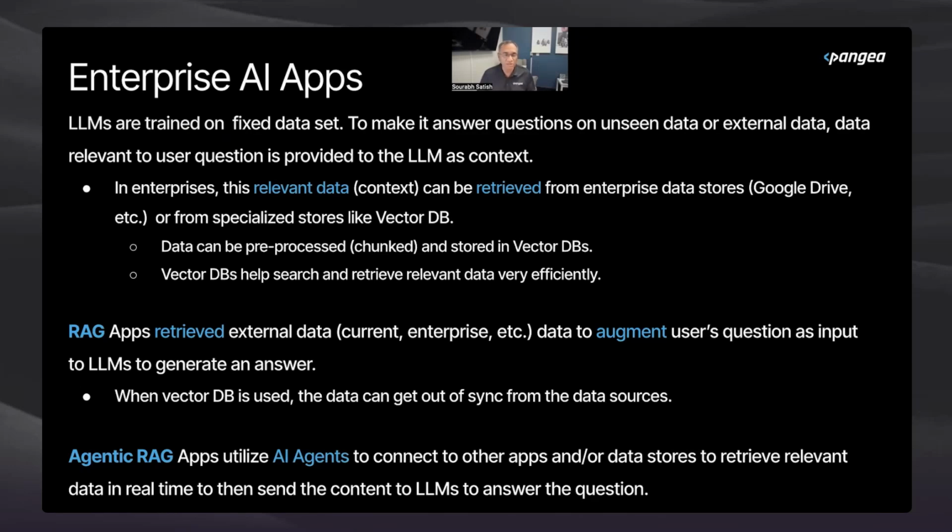So it's not necessary that the agents are connecting with other applications. They could simply be connecting to a database to retrieve the information. Nonetheless, agentic RAG is more real time and is able to retrieve information from many other applications that the agent could be connected to.